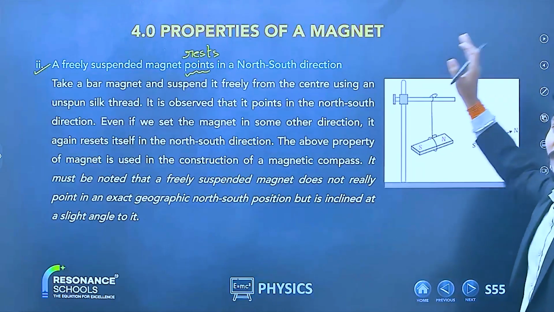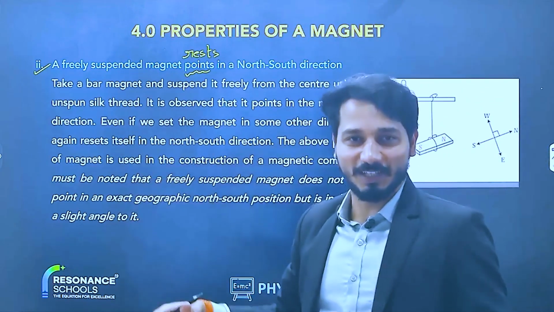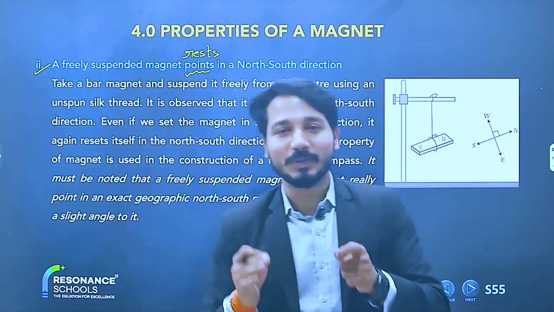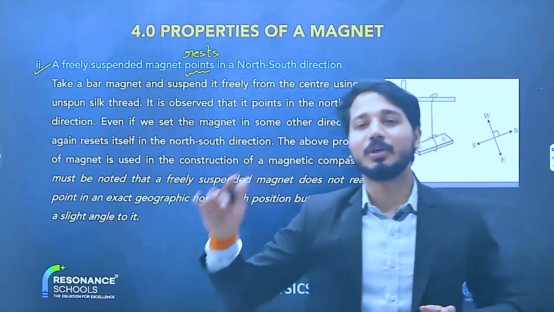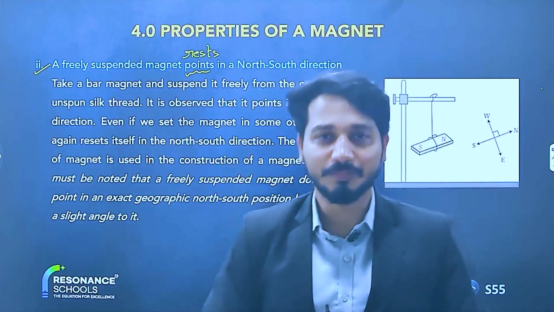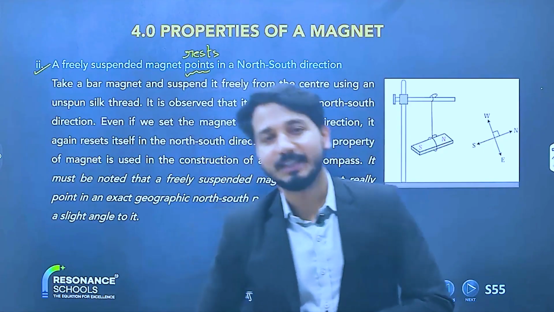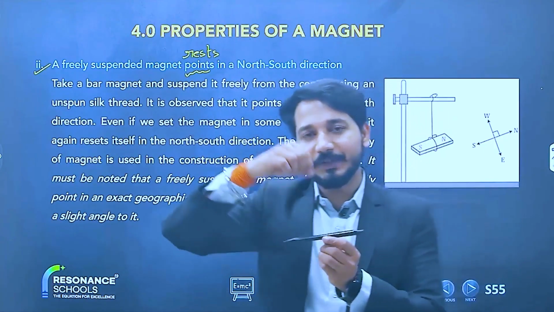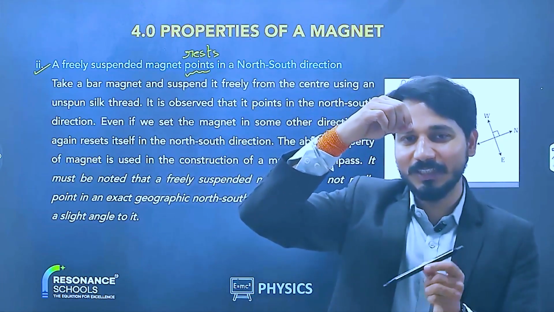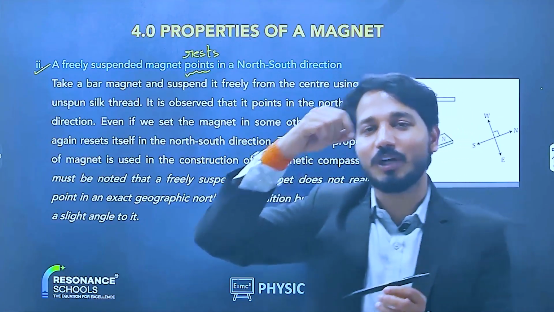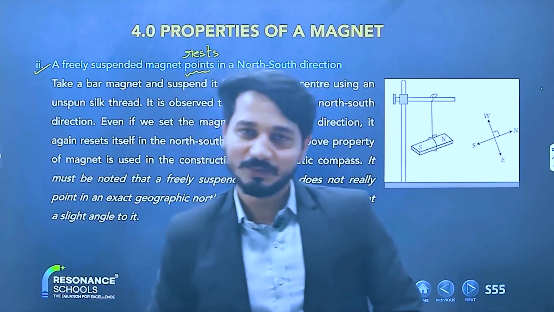Now next, second property: a freely suspended magnet points in north-south direction. When you are tying a magnet with a thread and suspending it freely, you will find after a few seconds it will be pointing towards north and south direction only, right?